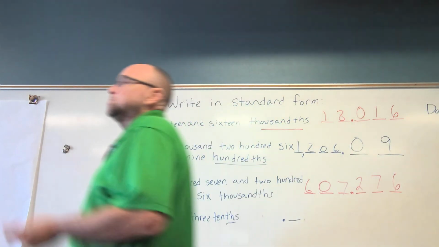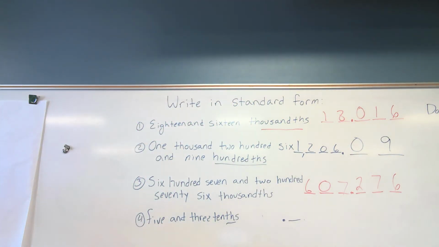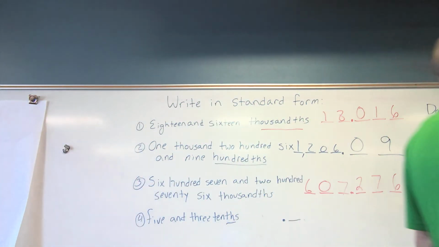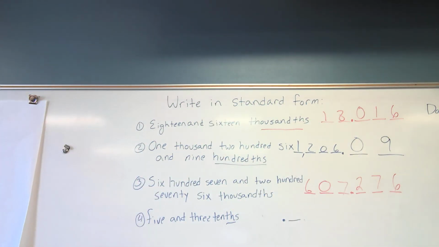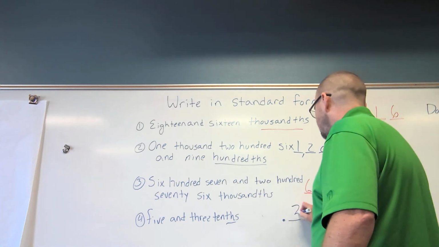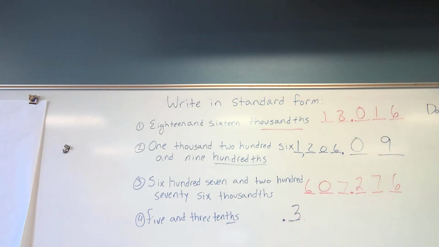One place behind the decimal point. Then if it's going to take a while, look up here. Ezzy, what is one place behind the decimal point? Tenths. So we're going to have one number behind the decimal point. And what is that number going to be, Ezzy? 3. Because we need this to say 3/10.